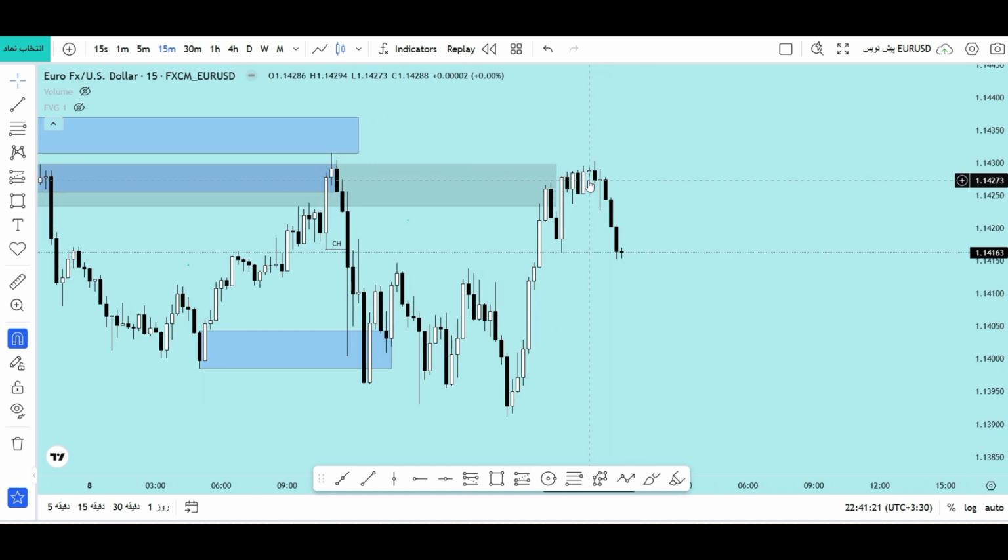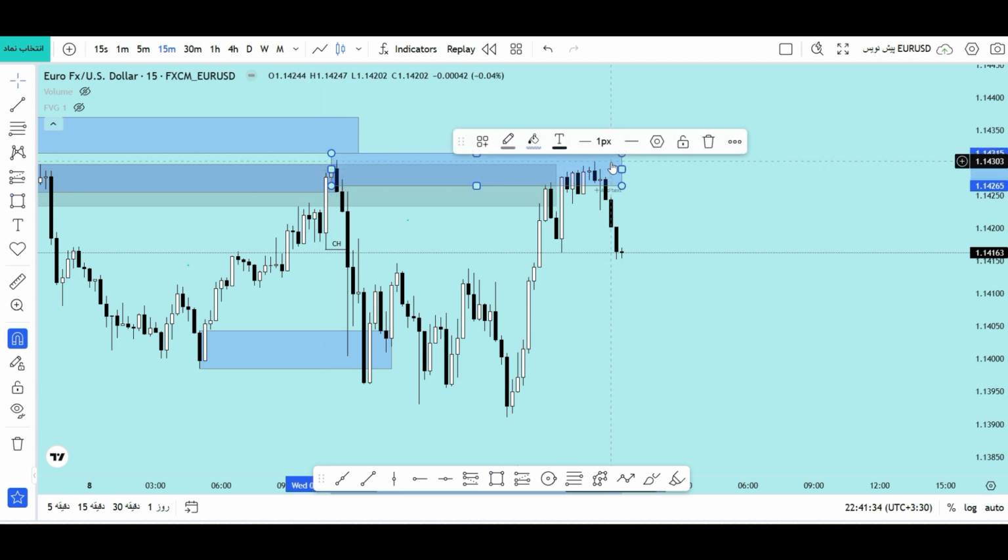As you see, price had a little reaction to this zone, and maybe if it was 2 years ago, I would enter this zone, and when price came to this area, I would be very happy and say, oh my god, I can take this trade.